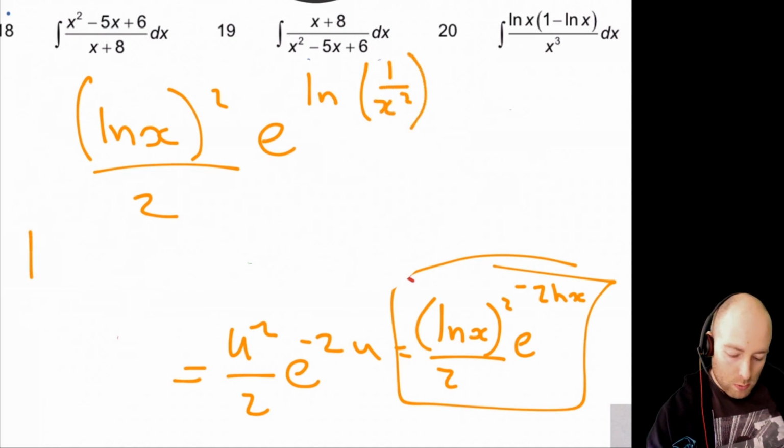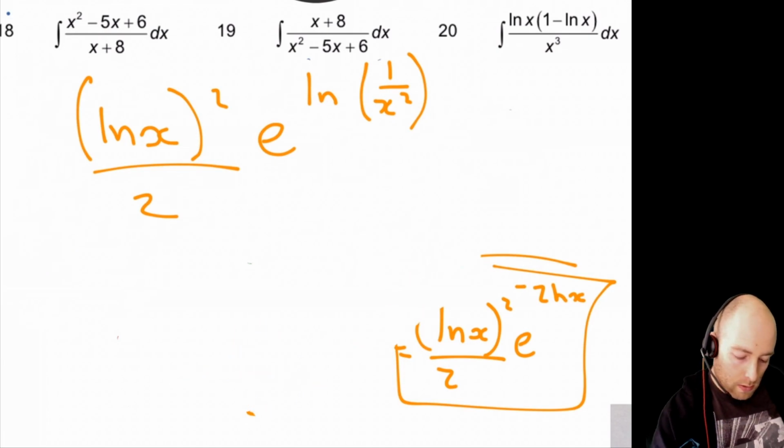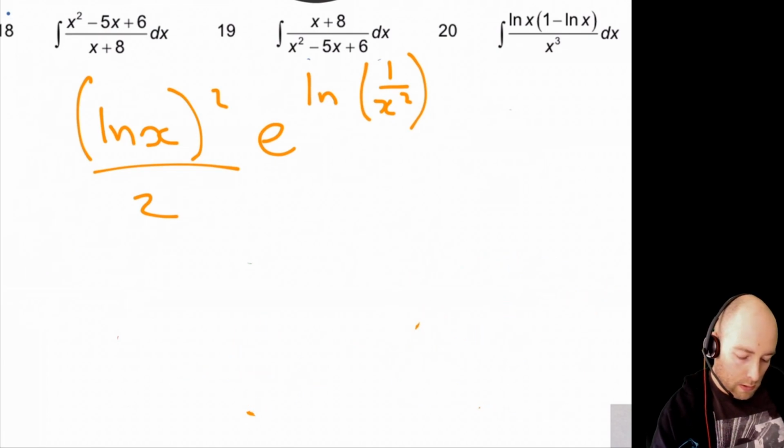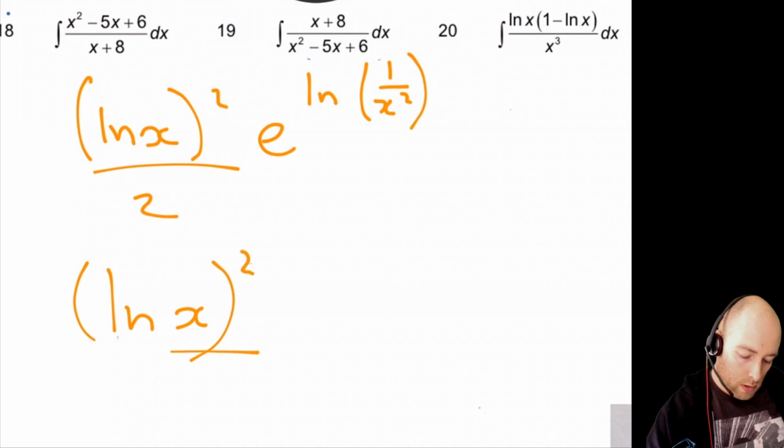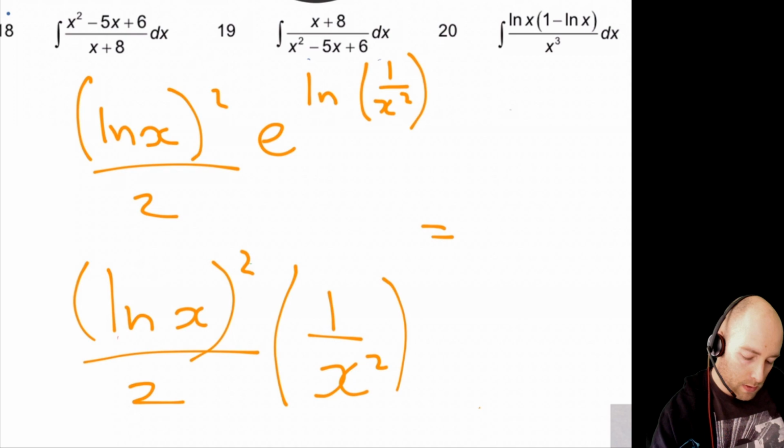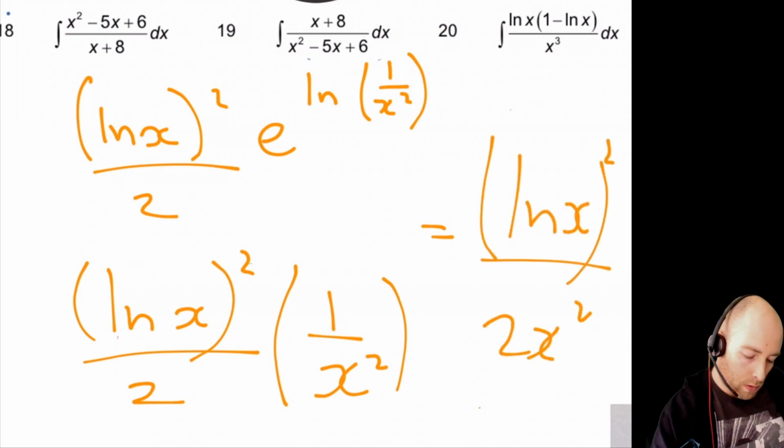Those are going to cancel, so we get ln of x all squared over 2 times 1 over x squared. So we can say it's ln of x squared over 2x squared.